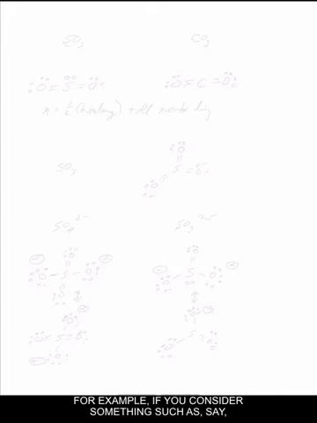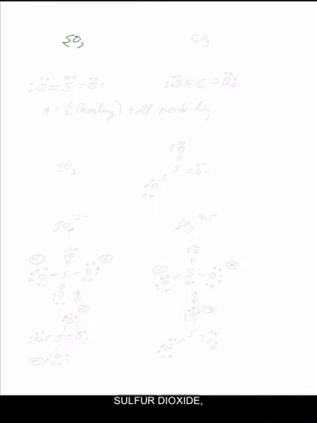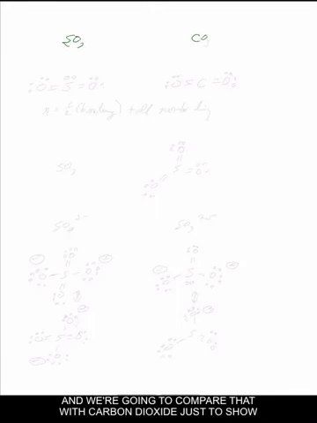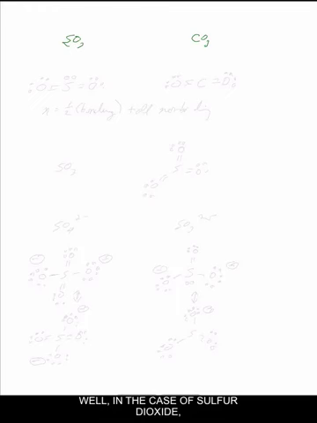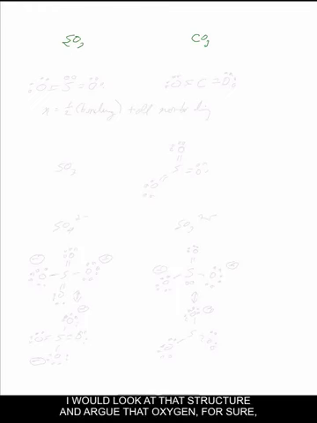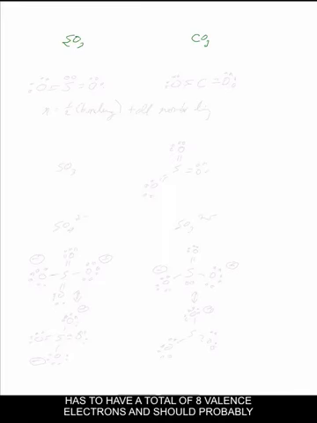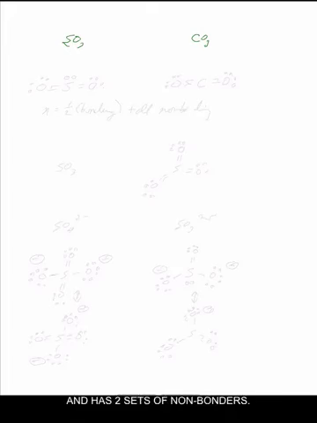For example, consider something such as sulfur dioxide. And we're going to compare that with carbon dioxide just to show the importance of the difference that arises here. In the case of sulfur dioxide, I would argue that oxygen for sure has to have a total of 8 valence electrons and should probably follow the usual rule that oxygen makes 2 bonds and has 2 sets of non-bonders.